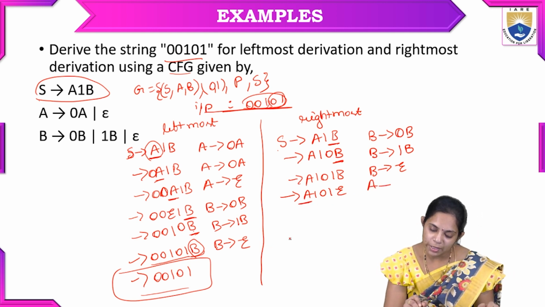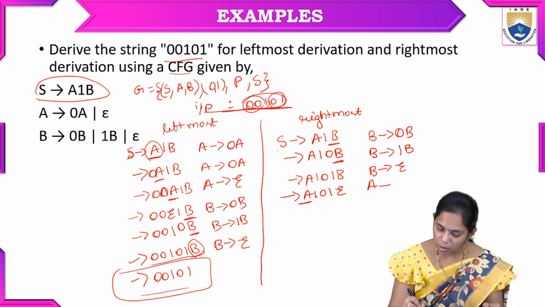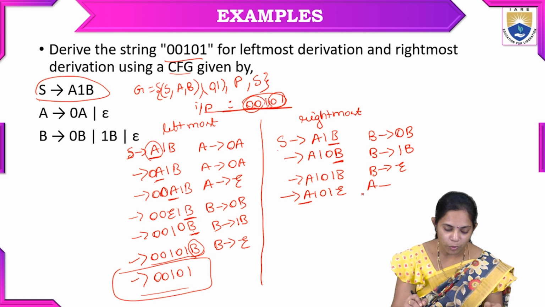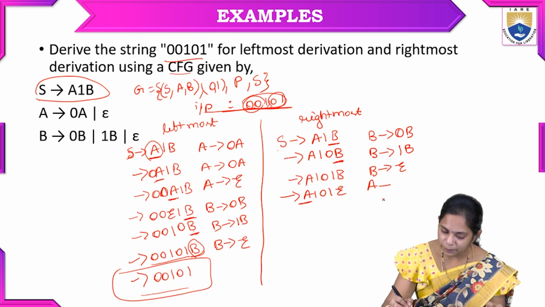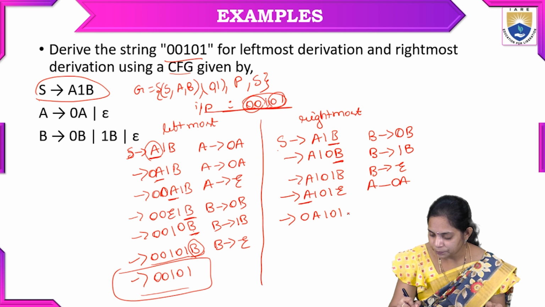So we have to replace it, and again we will get A 0 1 0 1. So we already have 1 0 1. What we require is 0A. We will substitute this A with 0A 1 0 1 and epsilon.